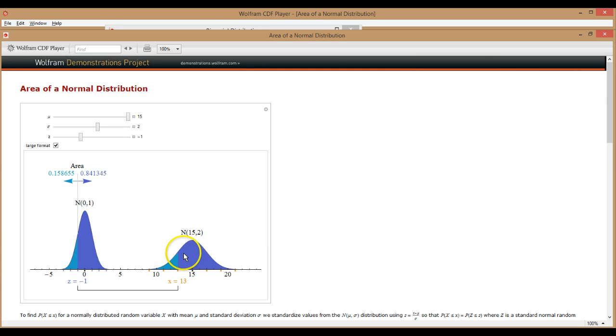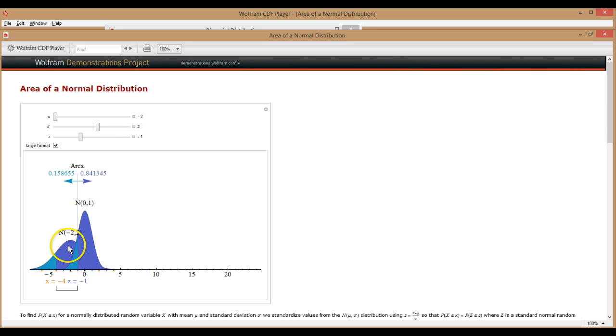So first of all, you subtract 15. So your mu changes from 15 to 0. Correct? And then you're dividing by 2, so you're making it narrower. And that's how you get the standard normal distribution. But say that mu is -2, then you would have to subtract -2, so you're essentially adding 2, so you're shifting to the right side.